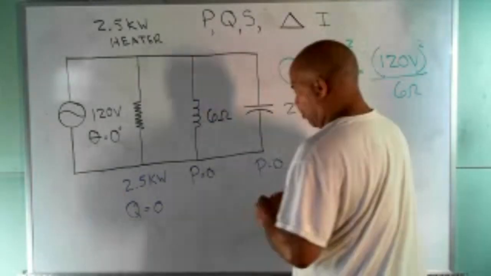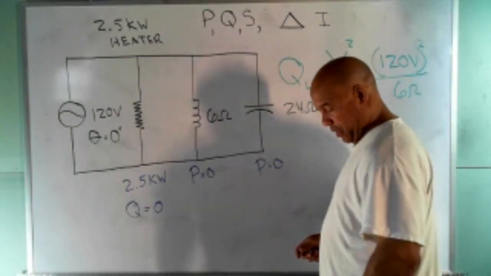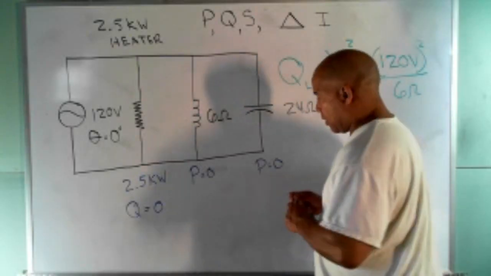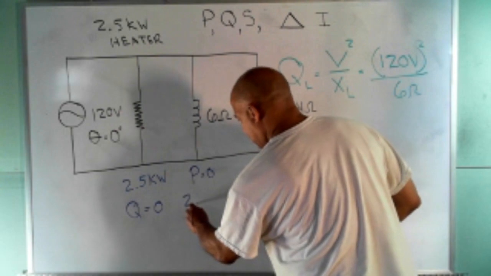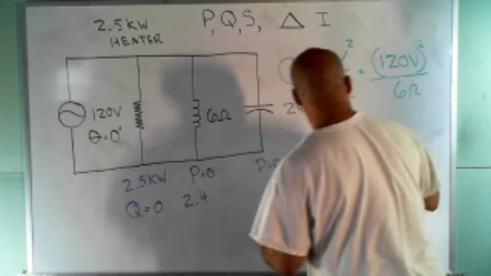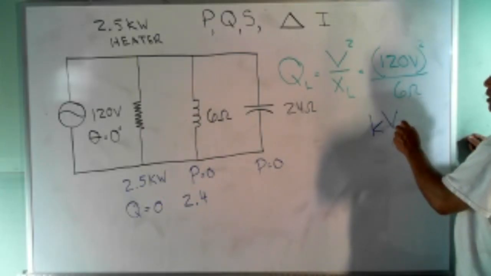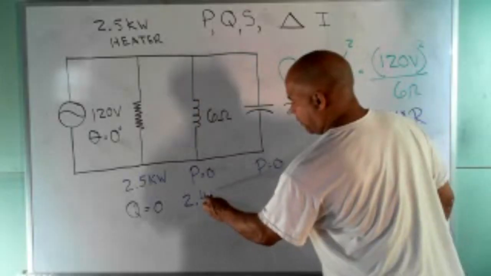Okay, so we get 2.4. Now the units for this would be 2.4 kVAr, kilo, exactly. All right, so we'll put that down.